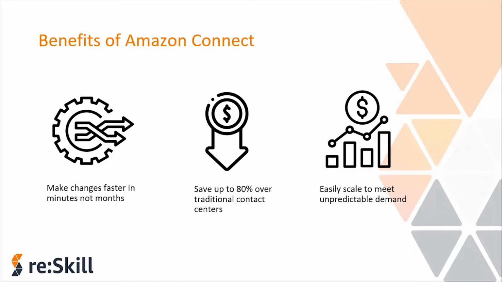The second important benefit is that you can save up to 80% over a traditional contact center, because with Amazon Connect you do not have to manage any on-premises inventory, telephones, or cables. It's completely deployed in the cloud and is a managed service by AWS.